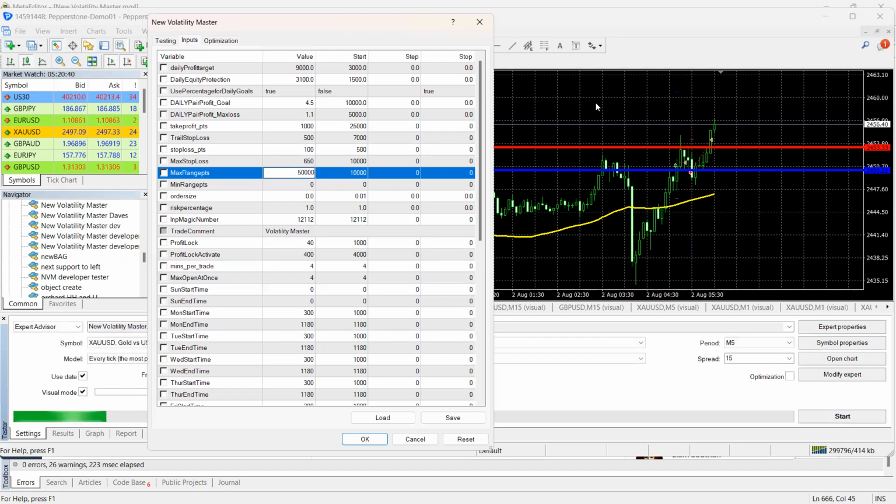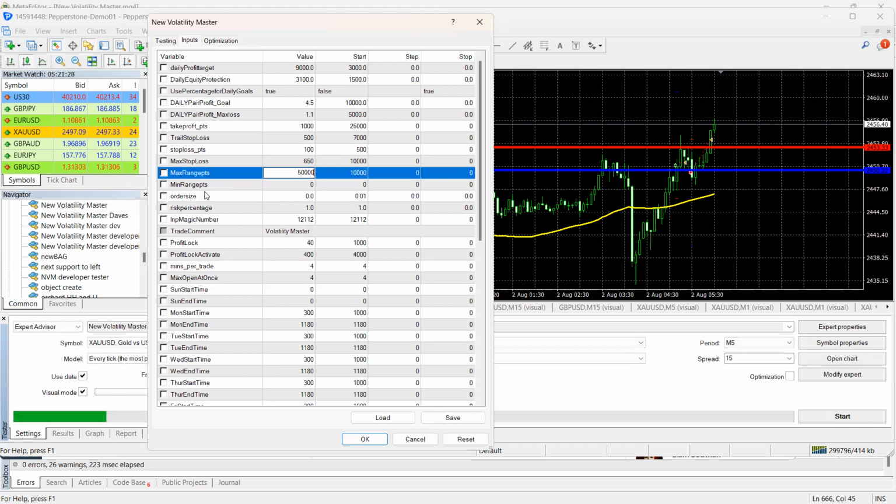Because if the range was 1,000 and my maximum stop loss is at 650, it's still going to place a trade, but the stop loss will be at 650 points instead of below or above the range where it should really go. So that's another way of making sure that no matter how big the range is, if the range is too big, it's not going to place a trade. That was just one use I was thinking of.